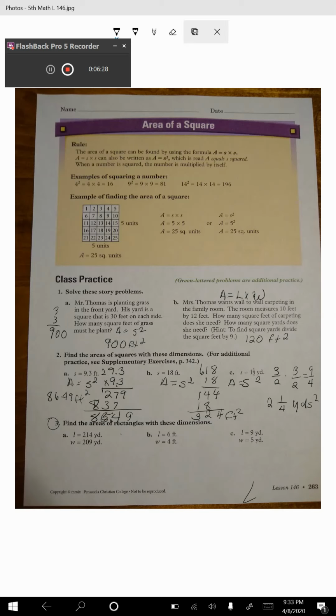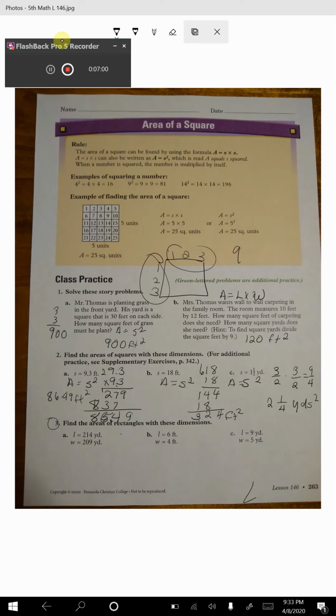Then they want to know how many square yards that is. Now remember, are you tempted to divide by 3? I know I was, but we can't do that. Remember, 3 feet equal a yard, but we're talking a square yard, right? So we've got 3 feet going this way and 3 feet going that way. So what is 3 times 3? 9.